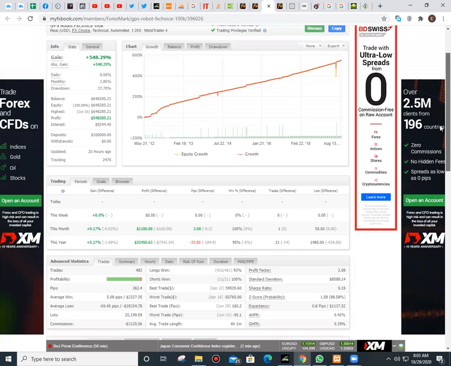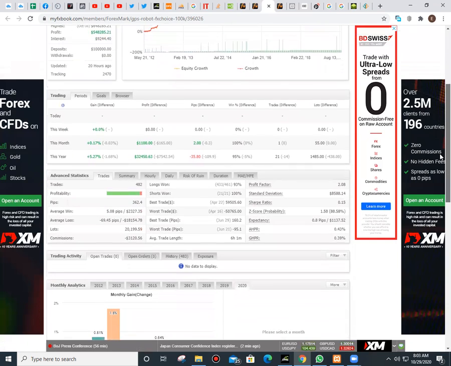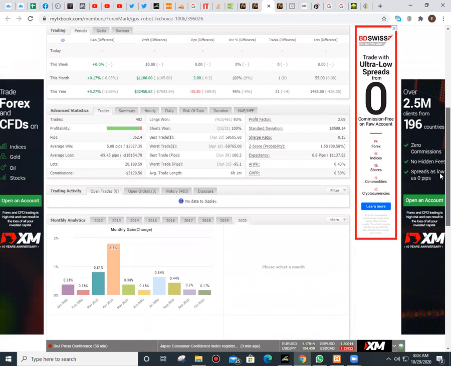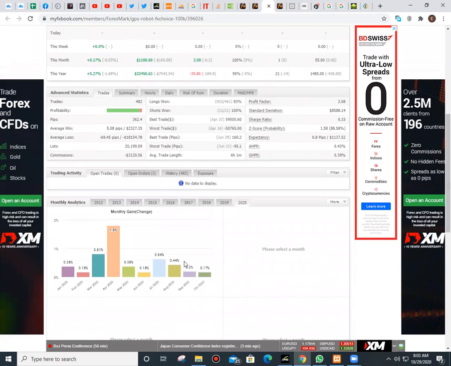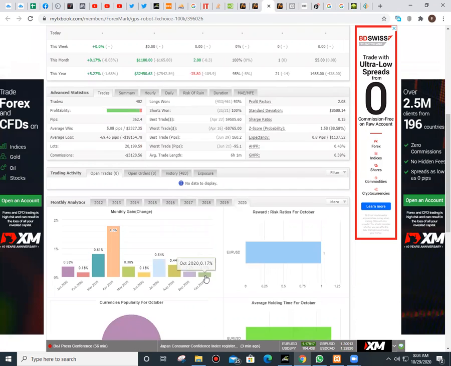Let us go down to the achievement of this month, October. His account has grown with less than 1%, 0.17%. The previous month, 0.2%.